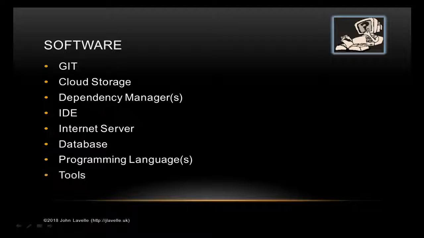And finally, what tools do you need to help you with your IDE and this type of thing? So, for example, you're going to need some sort of FTP system to be able to transfer your data, your programs and so on onto the internet server on the internet from your normal server on your computer, that type of thing.